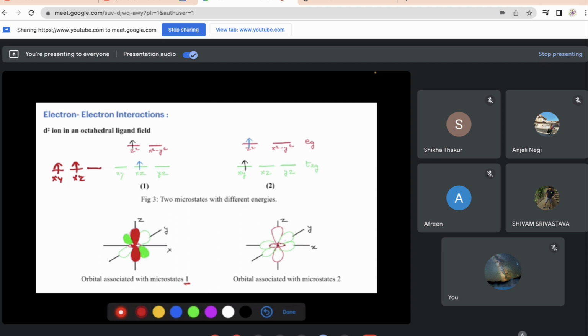And again for microstate 2, with T2G XY, so the XY plane, this orbital DXY will be filled, I mean the electron density here.